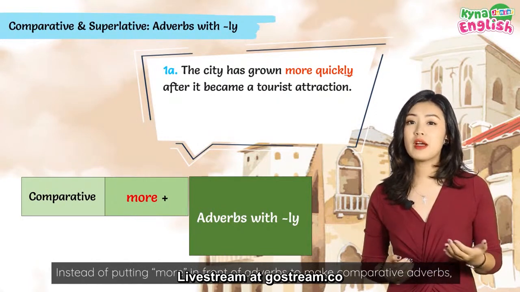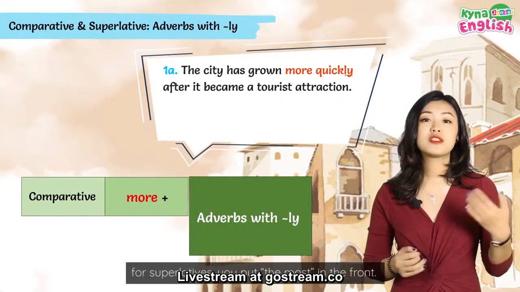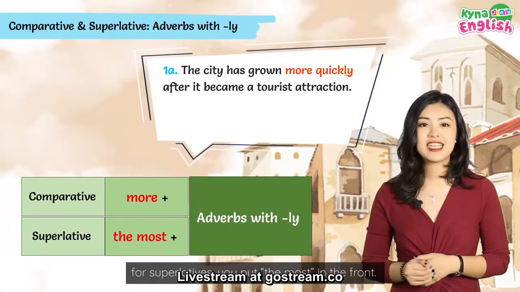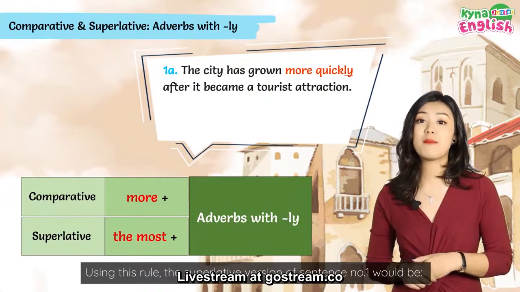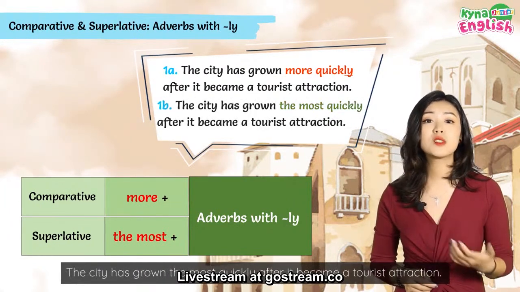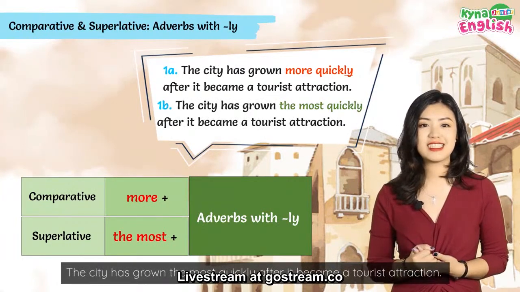Instead of putting more in front of adverbs to make comparative adverbs, for superlatives, you put the most in the front. Using this rule, the superlative version of sentence number 1 would be, the city has grown the most quickly after it became a tourist attraction.